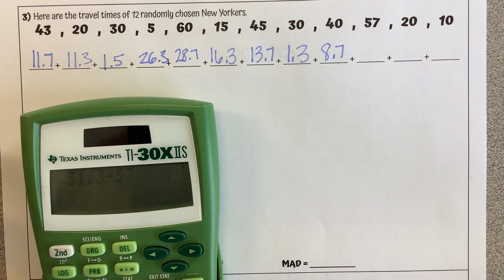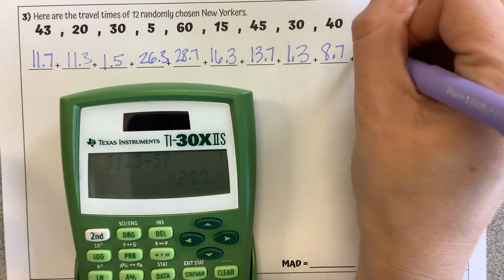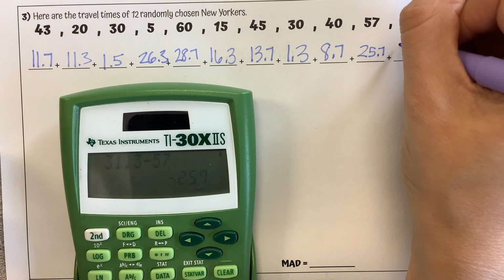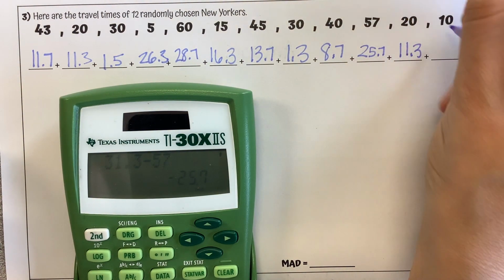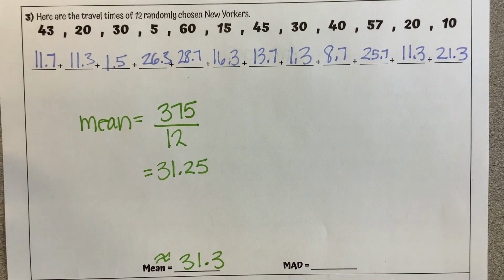Minus 57 is 25.7. Minus 20 is going to be 11.3. Minus 10 is going to be 21.3. So now we have all my distances.